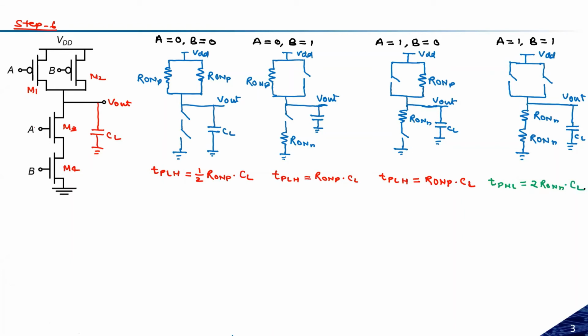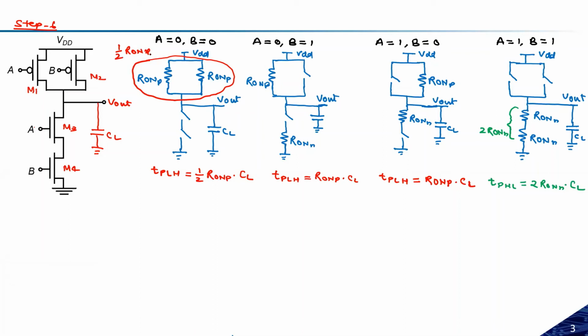This is what we get as the charging and discharging time constants, because the equivalent resistance is double in this case. If I'm talking about this one, this becomes 2 R on N, and here it will become R on P by 2.